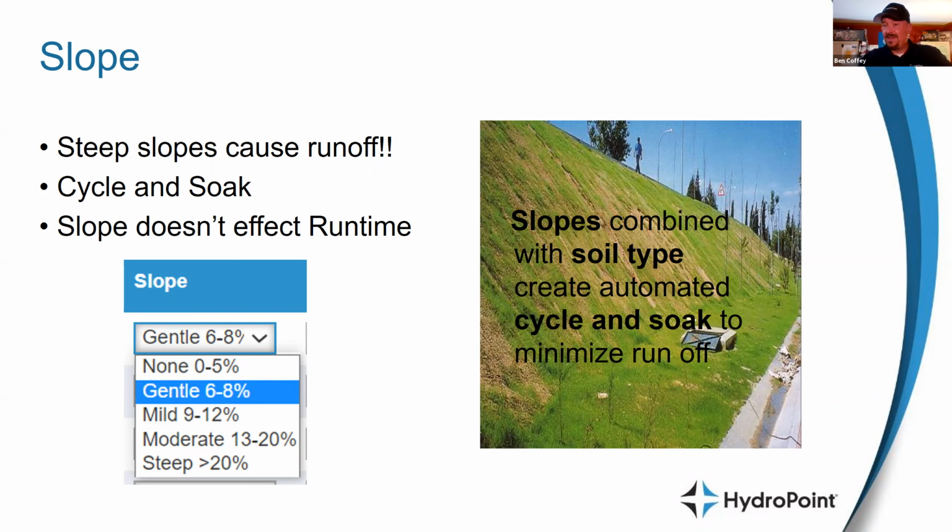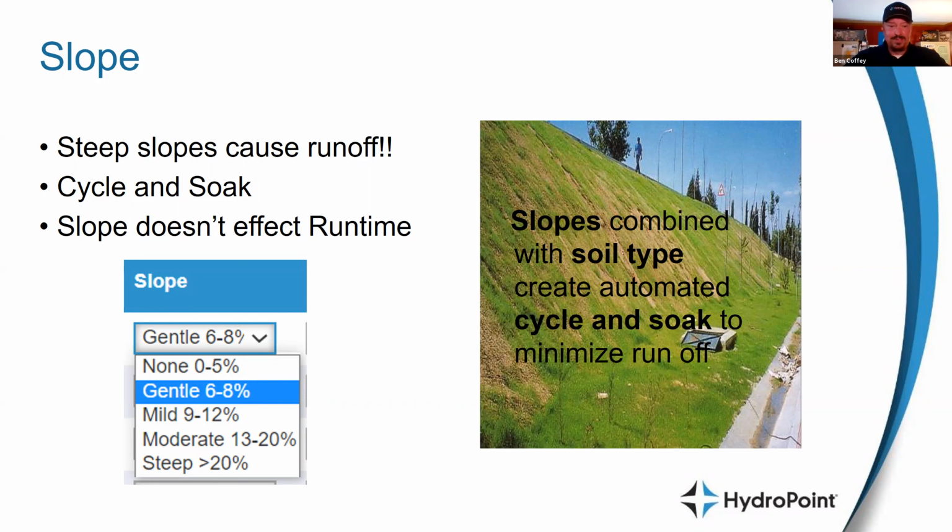But instead of 15 minutes all at once, it might break that irrigation up into 3 cycles of 5 minutes with a break in between to allow that water to absorb in, right? To allow the first 5 minutes to fully soak in before we come through with another round and keep that water from running off and going down the gutter.